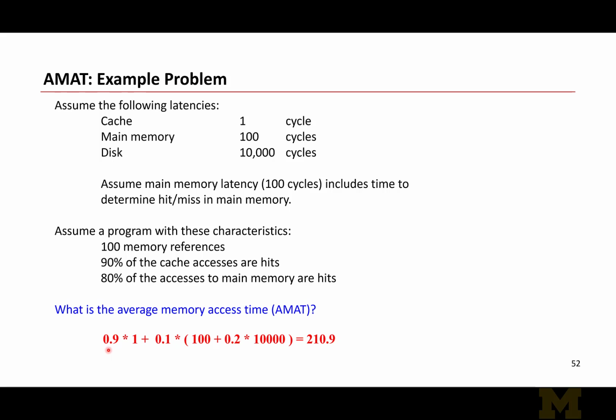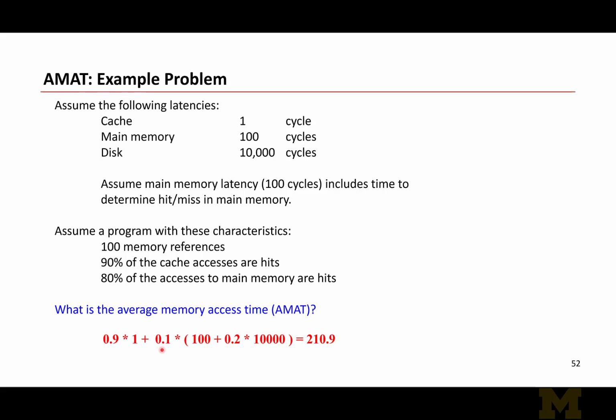So 90% of all memory accesses hit the cache and therefore they incur only one cycle penalty. Now 10% of memory accesses have to go to main memory, so they would incur 0.1 times 100 cycles.